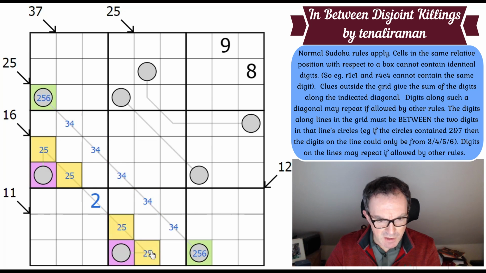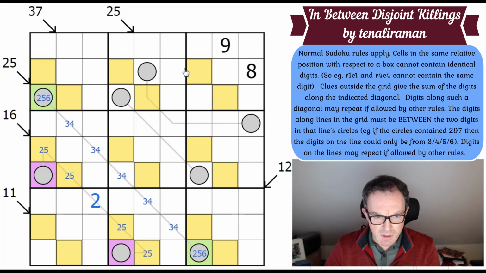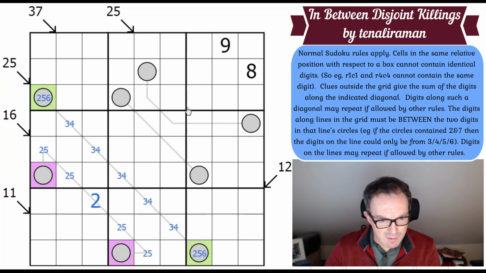The 2s and 5s are restricted in these positions in all of the boxes. Which doesn't seem to do anything at all.